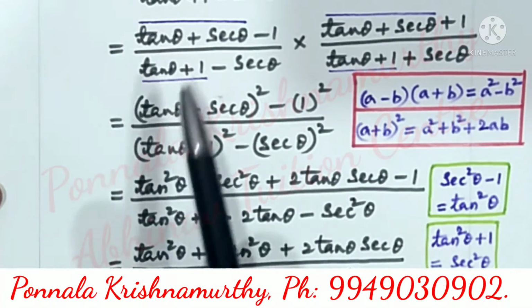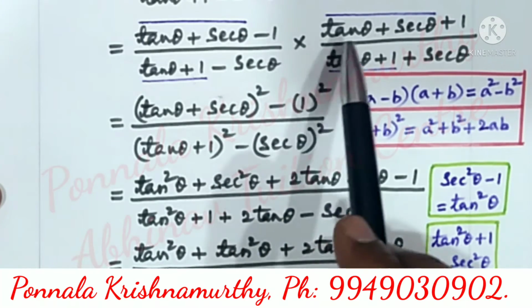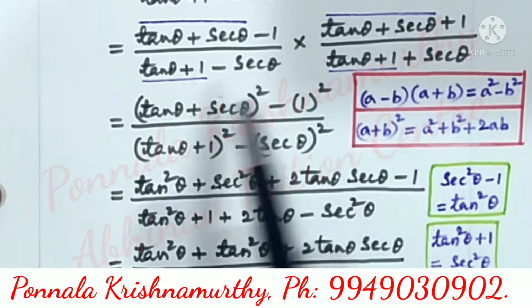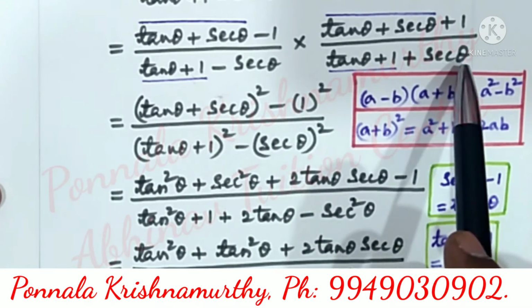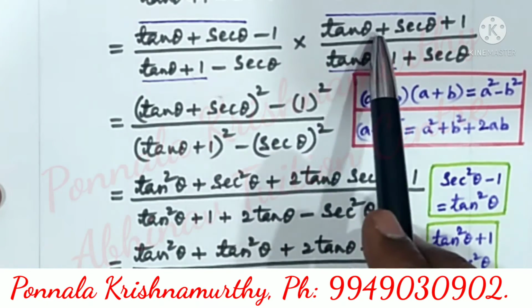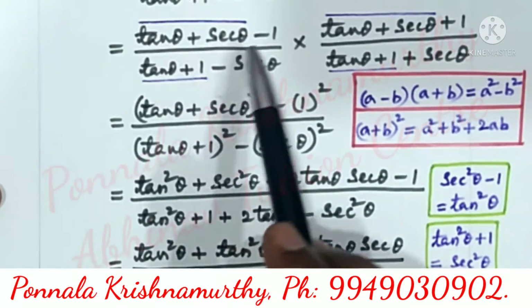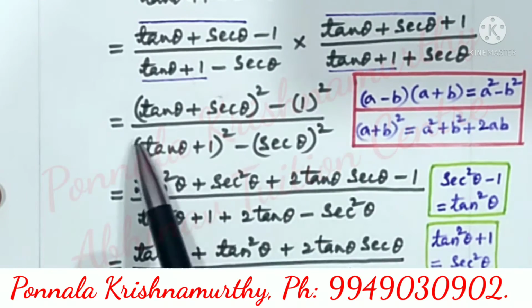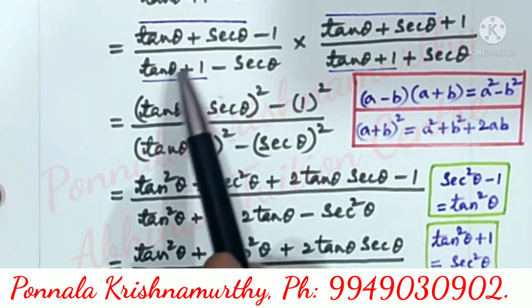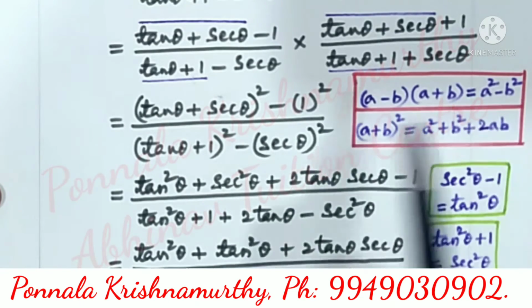Now this is equal to, from here to here this is A minus B into A plus B. Here also A minus B into A plus B. A minus B into A plus B is nothing but A square minus B square. So (tan theta plus secant theta) whole square minus 1 whole square by, here A minus B into A plus B, so that is equal to A square minus B square.